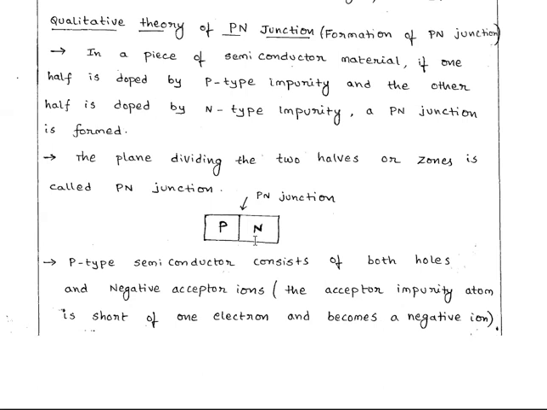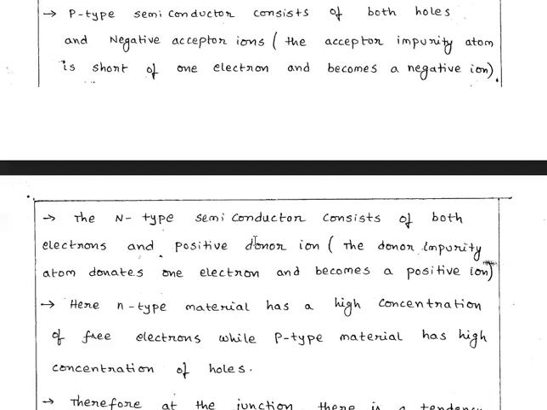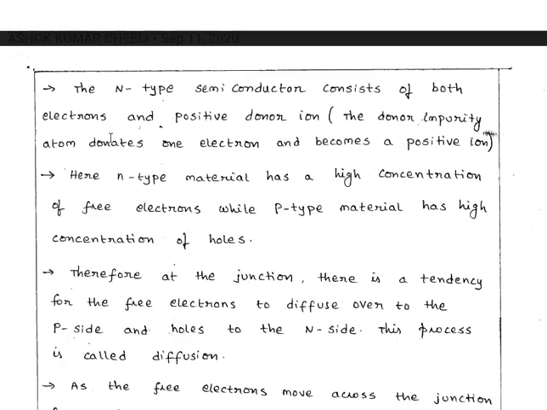In a similar way, n-type material also contains impurities, so one free electron is present for every atom. N-type material consists of both electrons and positive donor ions.